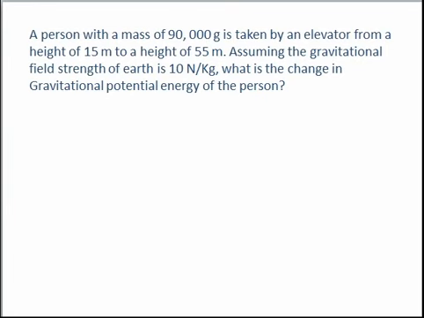So here is an example of a question. A person with a mass of 90,000 grams is taken by an elevator from a height of 15 metres to a height of 55 metres. Assuming the gravitational field strength of Earth is 10 newtons per kilogram, what is the change in gravitational potential energy of the person?